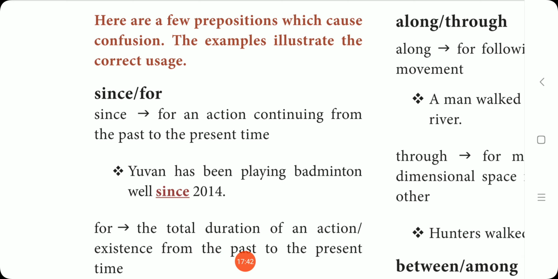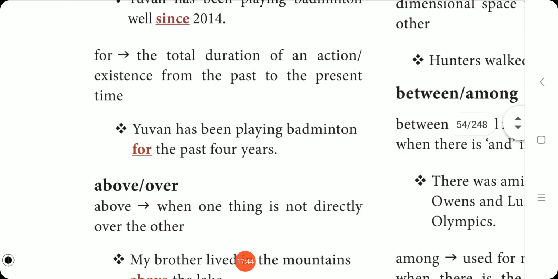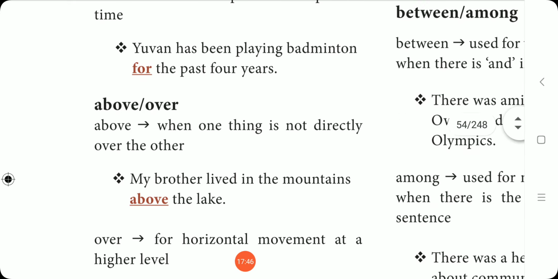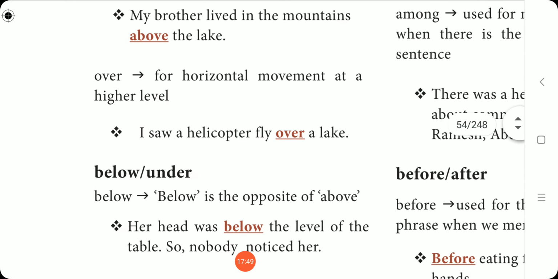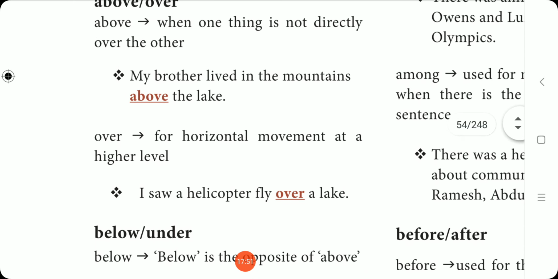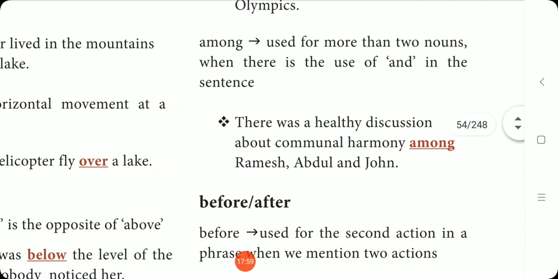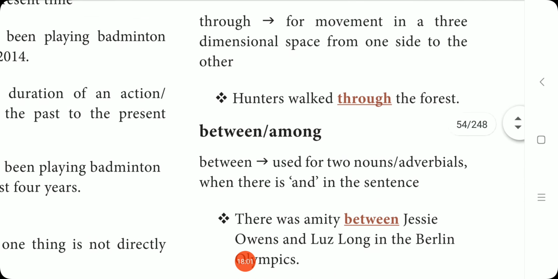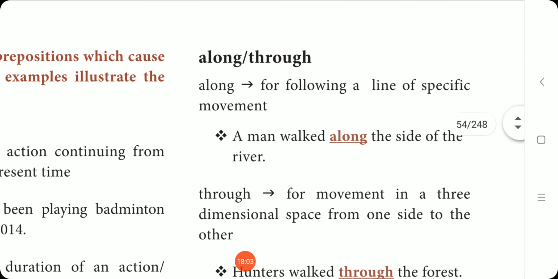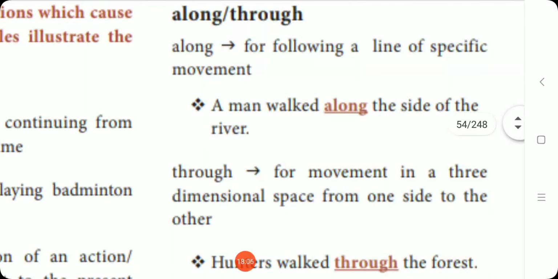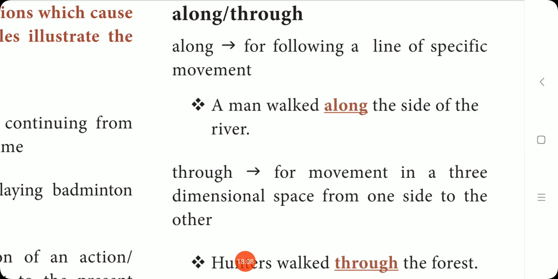We have seen the difference between since and for. We have seen the difference between above and over, and below and under. Above and over, and below and under, are opposite in their usage. We have seen that in the previous classes. In this class we have seen the difference between using along and through. Hope every one of you has understood.